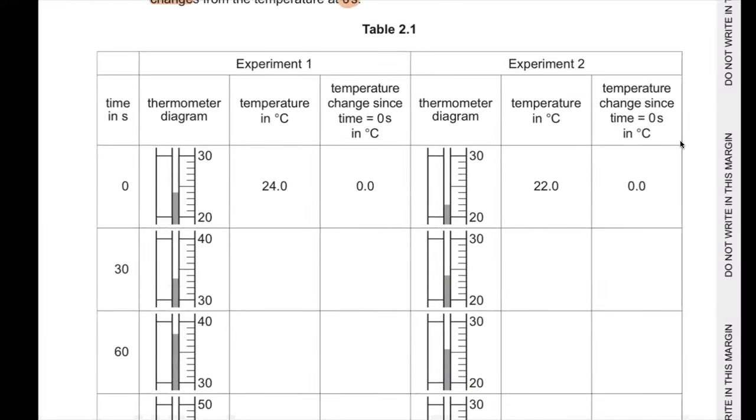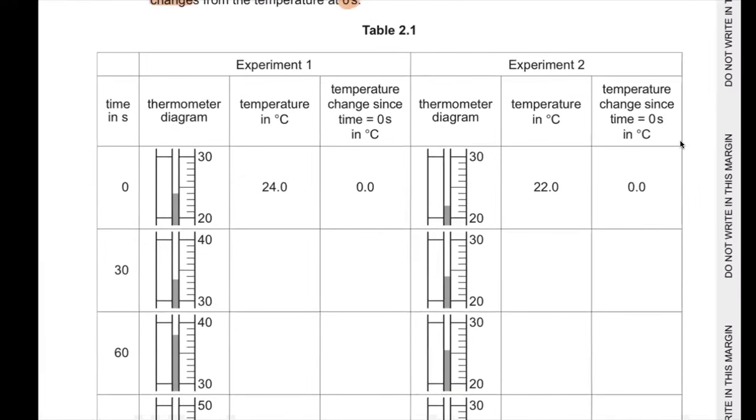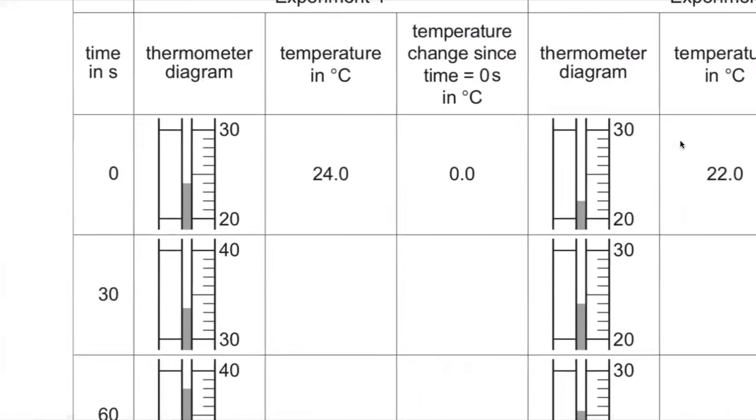Okay. So if we start, when the time is 30 seconds, if you record the temperature, it is actually 33.5. Yes. So you are going to subtract this temperature from the temperature at 0 seconds, which is 24.